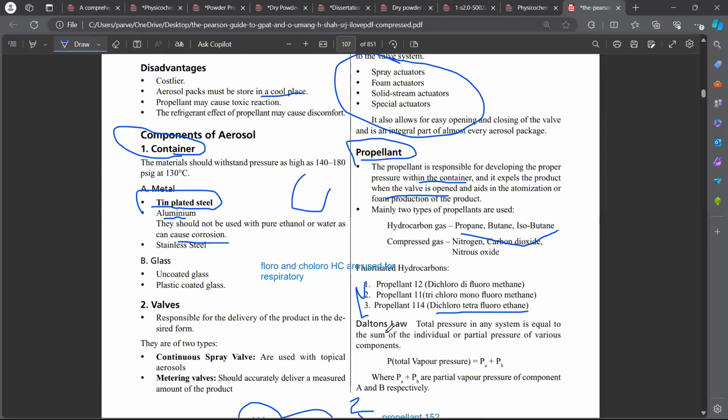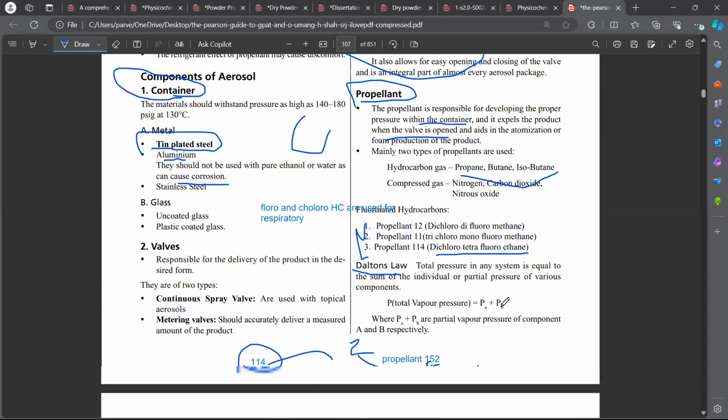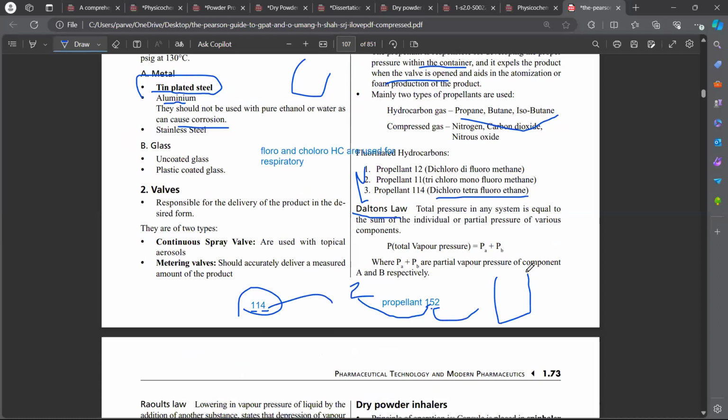Another important law when it comes to aerosols is Dalton's law of partial pressures, which indicates that the pressure exerted by a container is equal to the sum of the partial pressures of the individual gases present in that container. For example, a container consists of three gases: gas A, gas B, and gas C. The total pressure exerted by this container will be the summation of these three pressures.